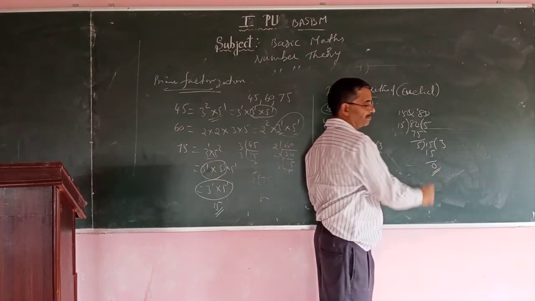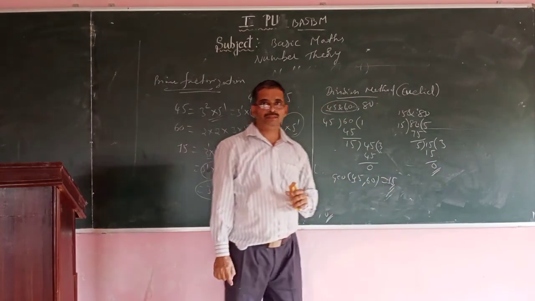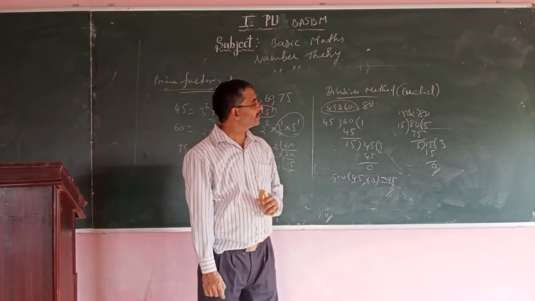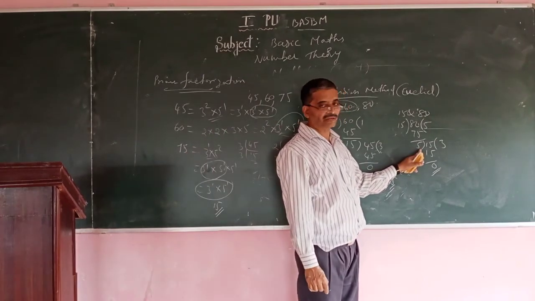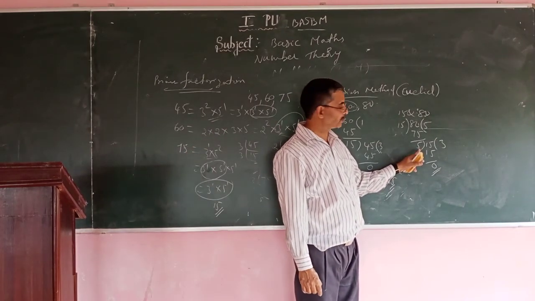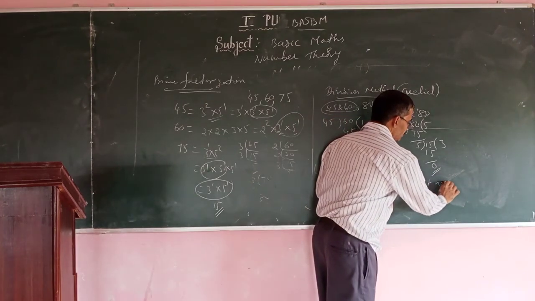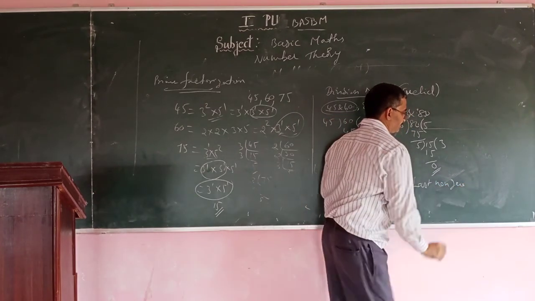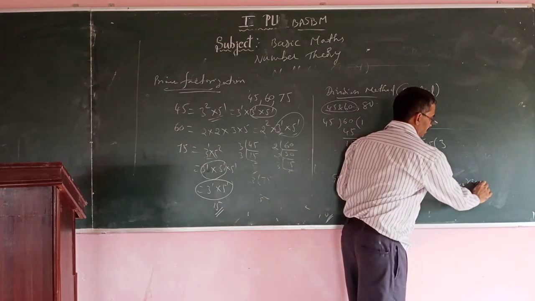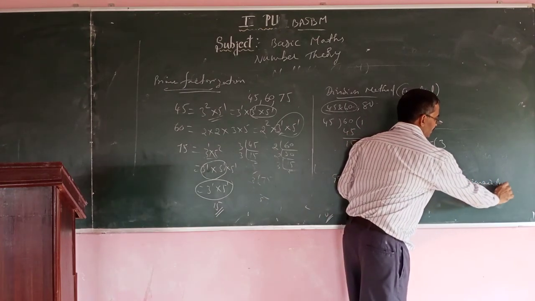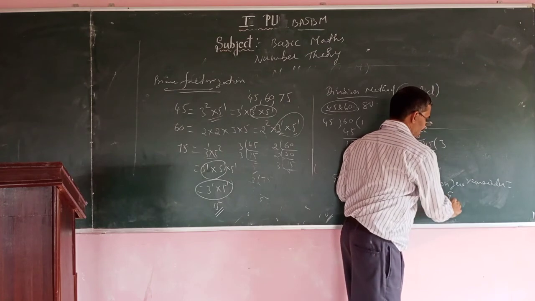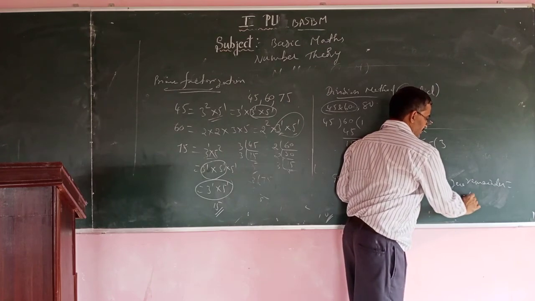Remainder is 0. So what is the non-zero remainder? Last non-zero remainder is 5. The last non-zero remainder equal to GCD equal to 5.